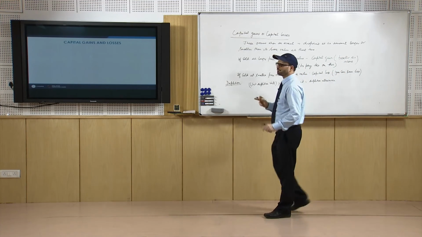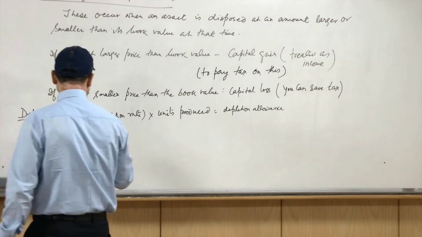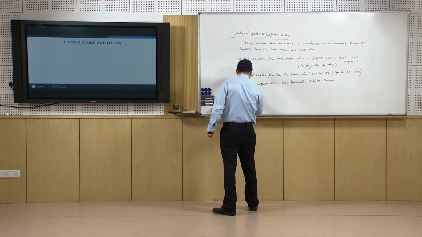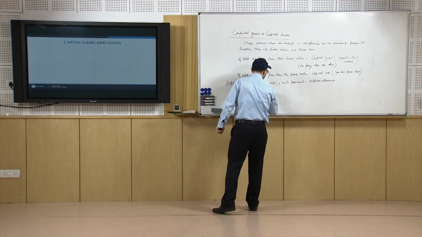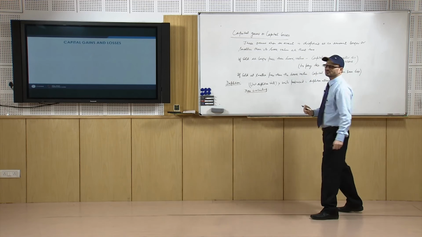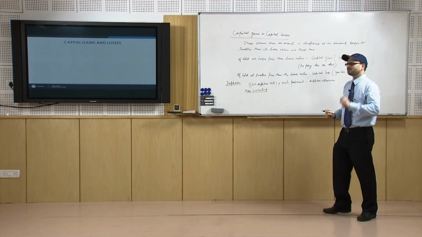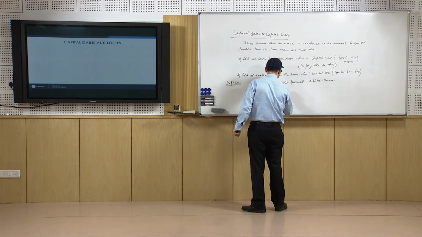But certainly there is another condition: there is a ceiling. The ceiling is that the depletion allowance should not be more than 50% of the taxable income.